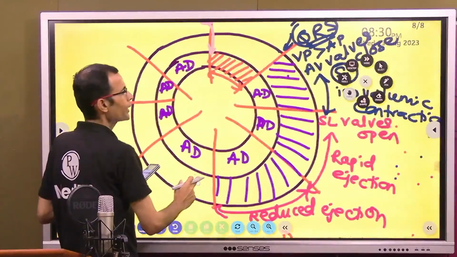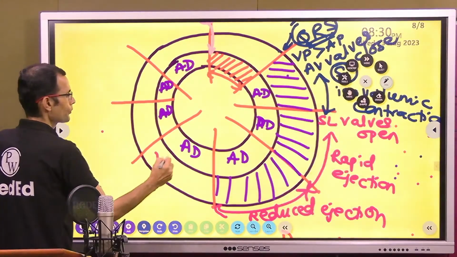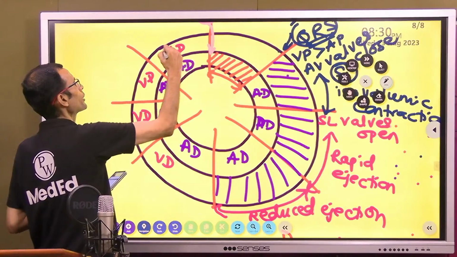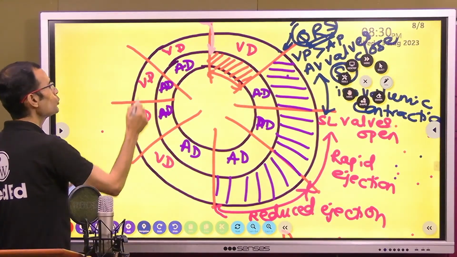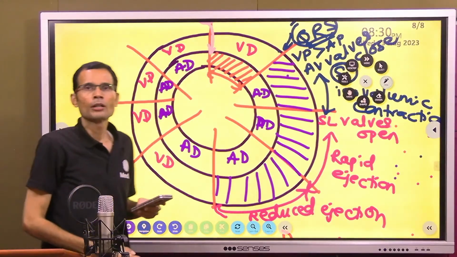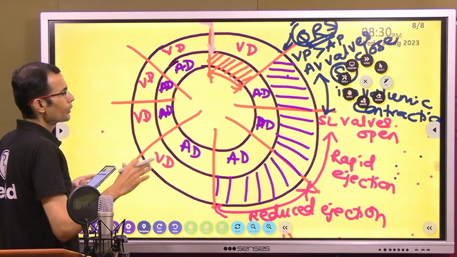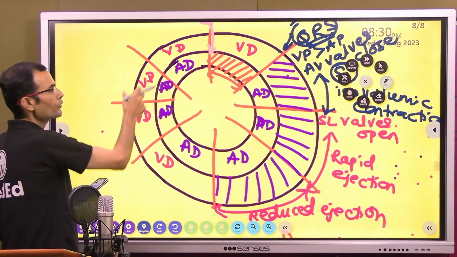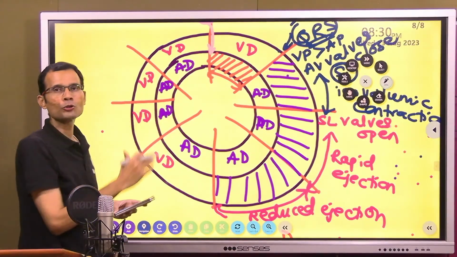Now next, ventricular diastole, 0.5 seconds, divided into 5 parts. First thing to note here is that for most of the ventricular diastole, the atria are also in diastole.